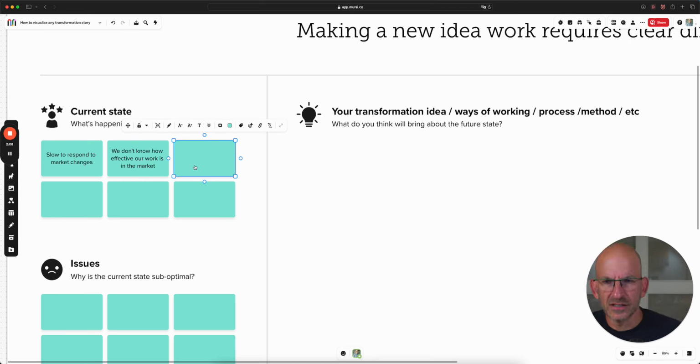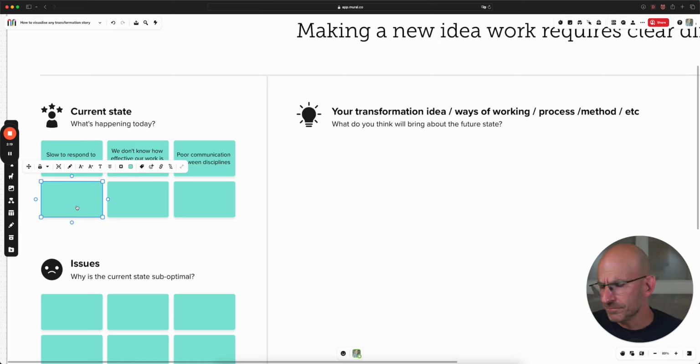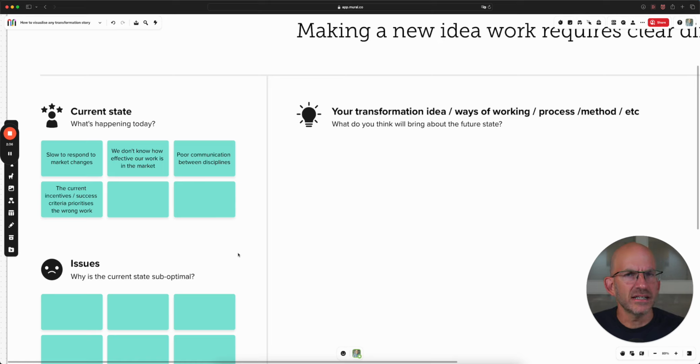Maybe there is poor communication between disciplines, so the designers aren't talking to the engineers aren't talking to the product managers. Maybe the current incentives or success criteria prioritize the wrong work. Things like that. That's what's happening today that we don't like, the things that we're actually trying to change.